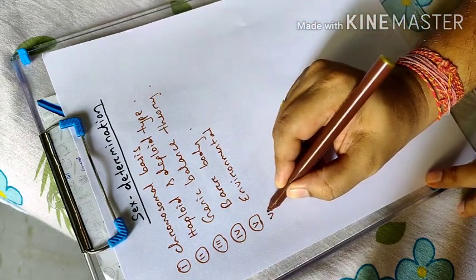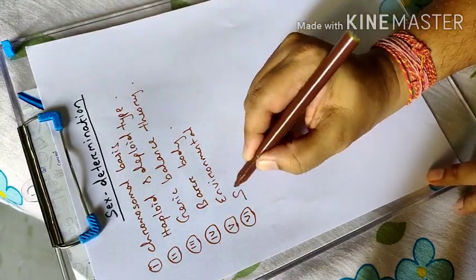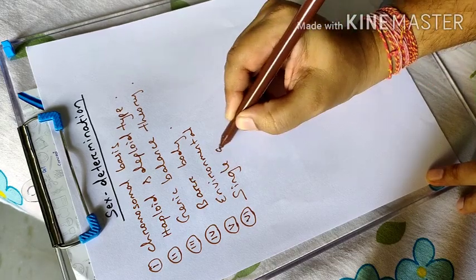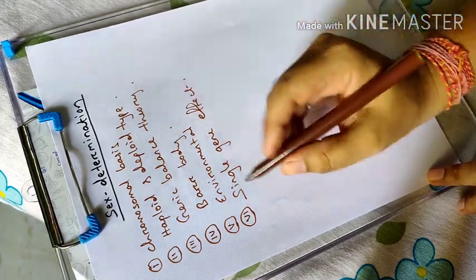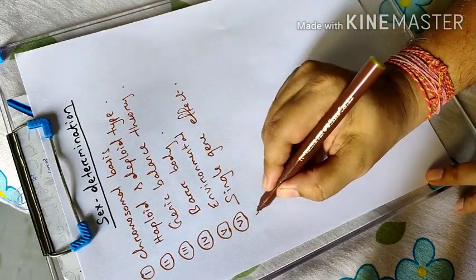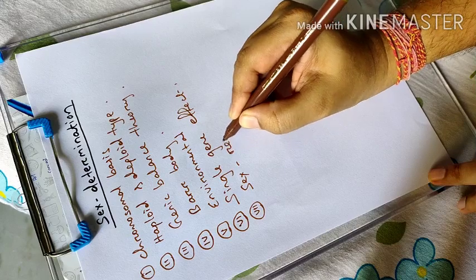The sixth one, single gene effect. The seventh one, sex reversal.